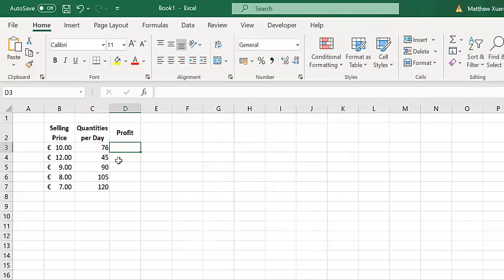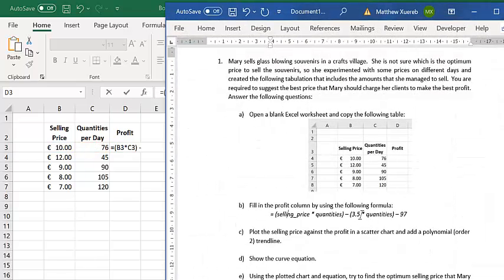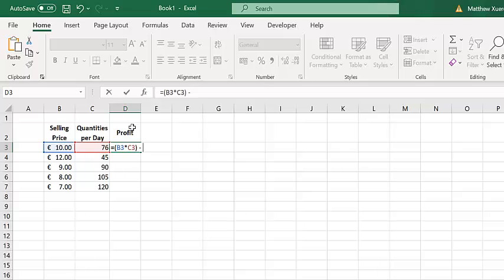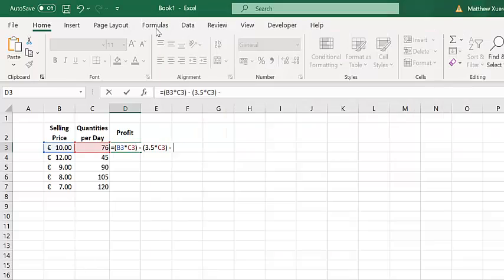Selling price times quantities. The selling price is that cell. The quantities is the other cell. Minus 3.5 times the quantities. Minus 97.